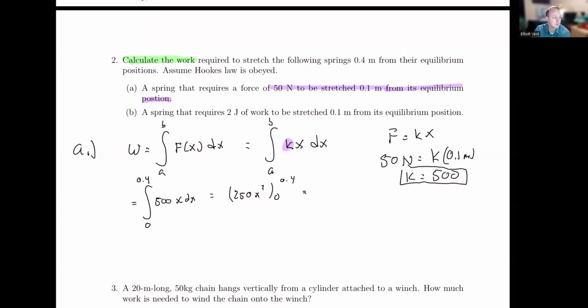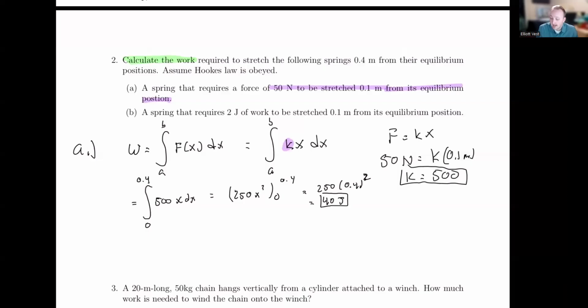And that's going to give us, I just have plugging in 0.4 squared. And you know what? I'll even get the number out too. Times. Oh, nice, easy number. This should be 40 joules because we are working with work.